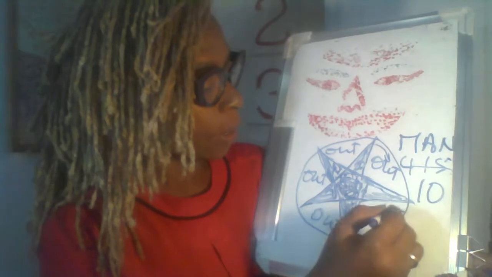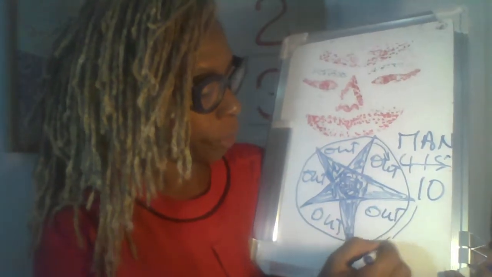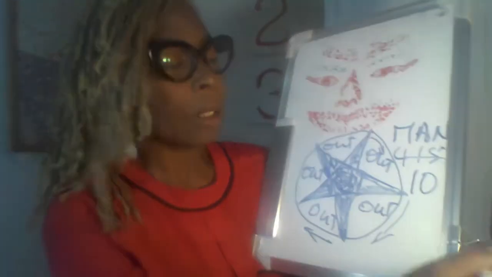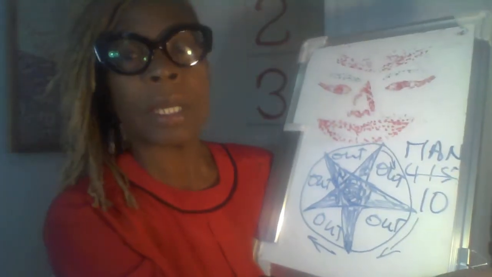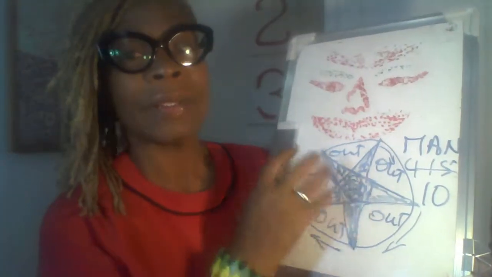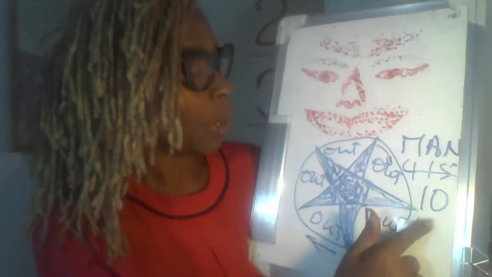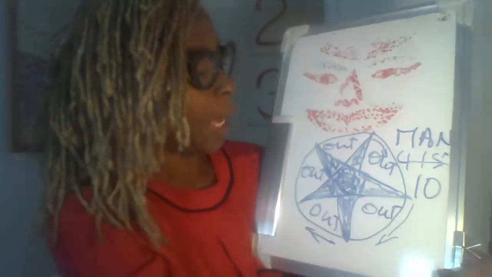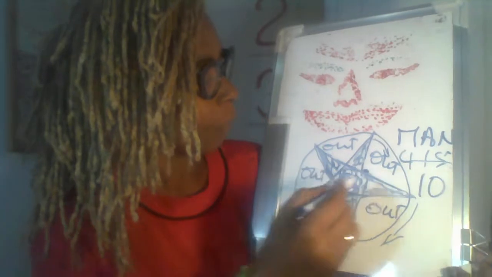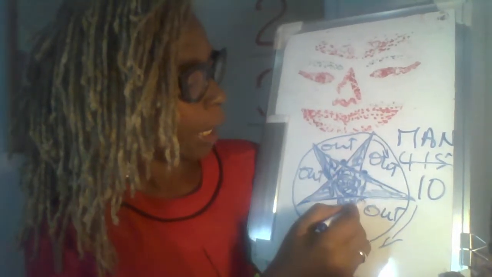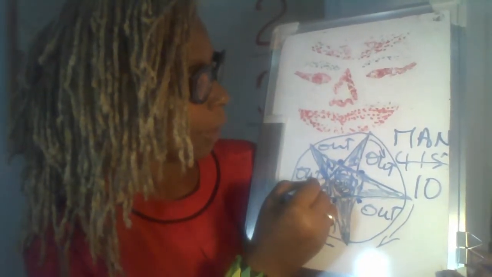So we could see there was movement going clockwise or anti-clockwise. And of course, the Spirit would match this because there's 10 points on here. So there's a point here, there's a point here, a point here, a point here, and another here.